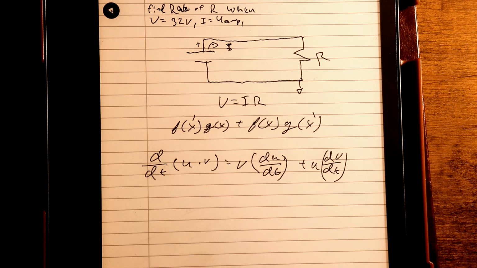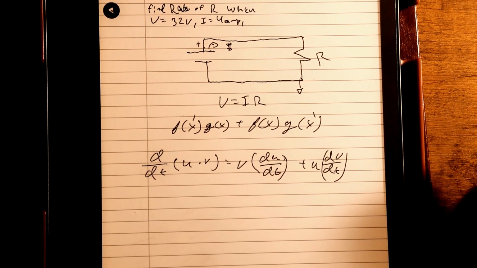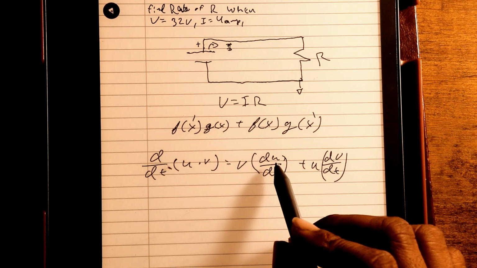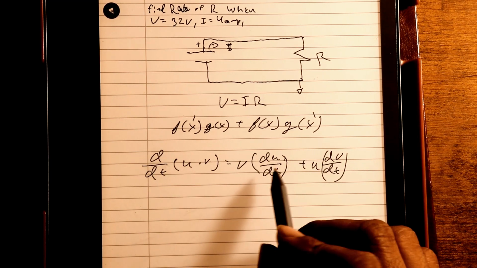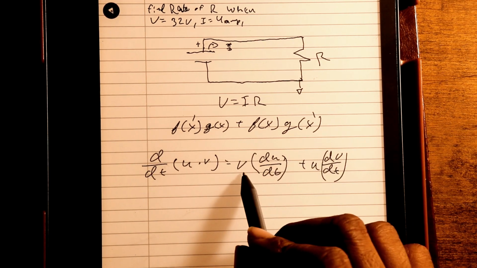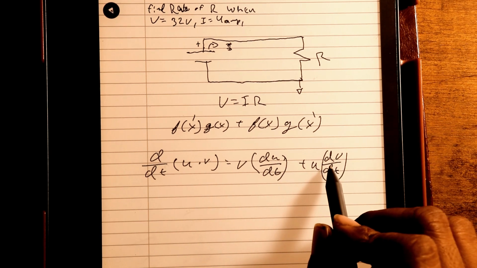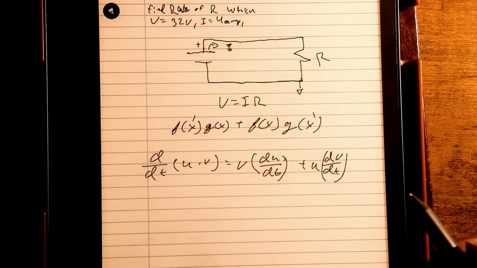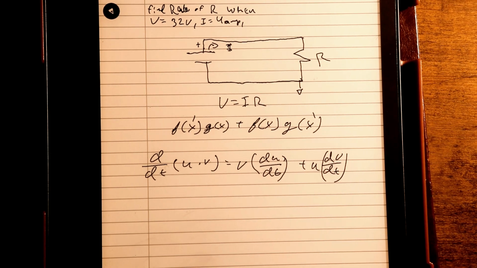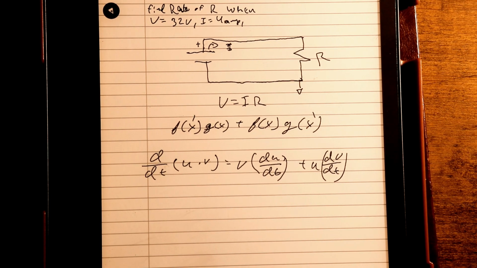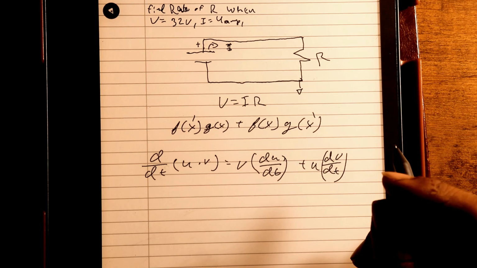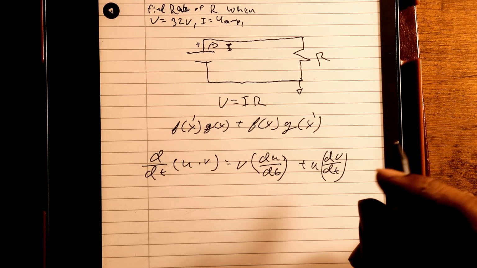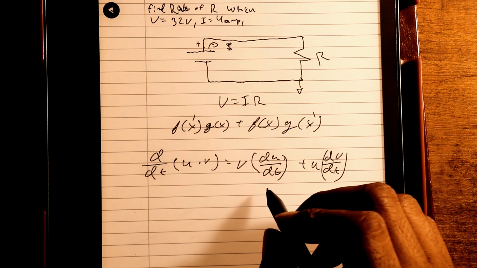Okay, so the easiest way to remember this, it's not that hard, is just to remember that you multiply by the opposite. So if you have du, that means you multiply by v. If you have dv, you multiply by u, and then your bottom is constant because whatever rate of change you're after is going to be on the bottom in each case.